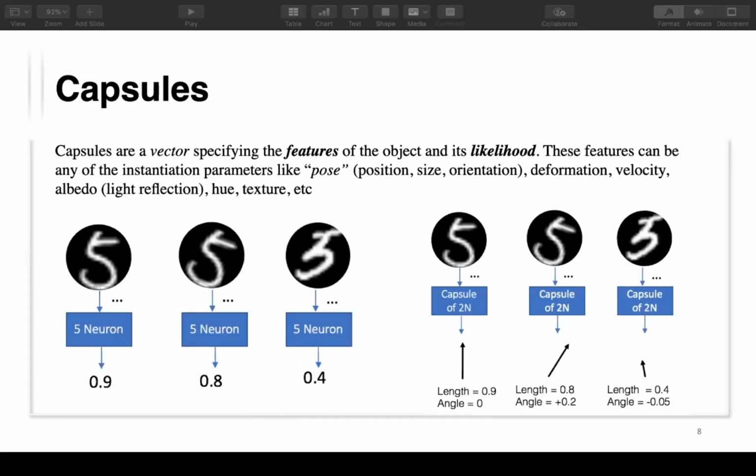The length of the vector represents the probability of the specific picture being 5, and the angle of the vector represents the features of the picture, and those features can be any pose, like position, size, orientation, deformation, velocity, etc. Capsules are vectors specifying the features of the object and its likelihood.